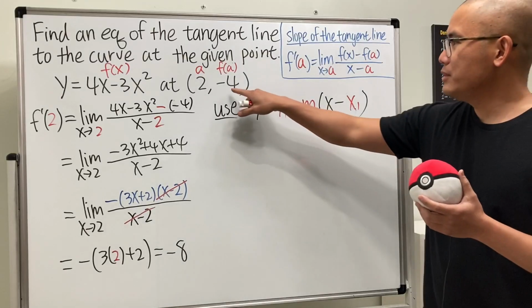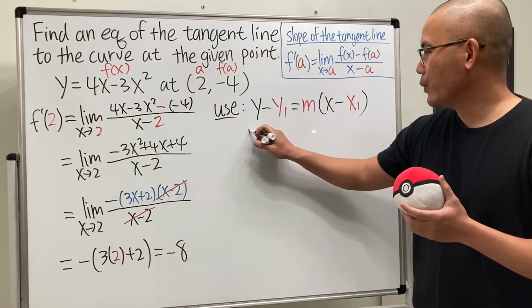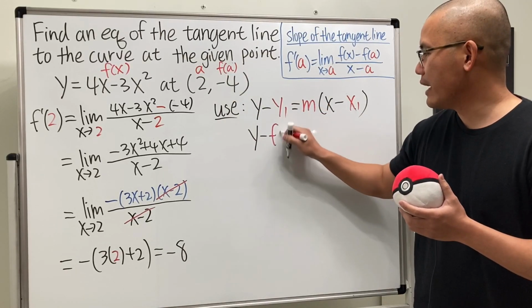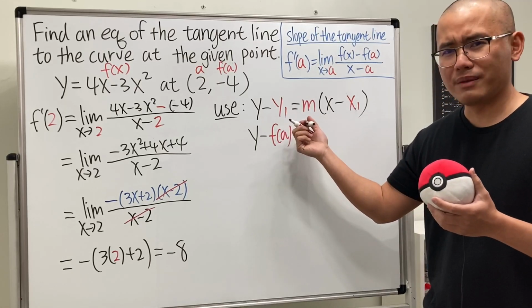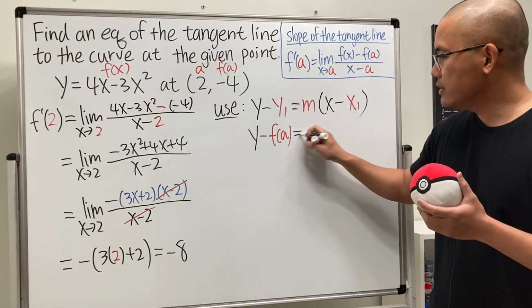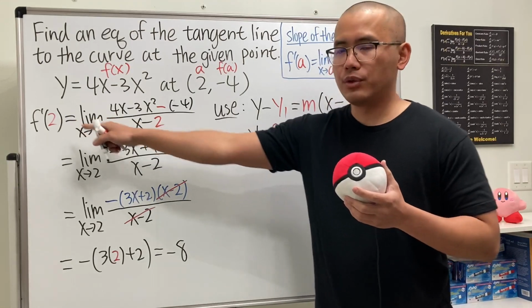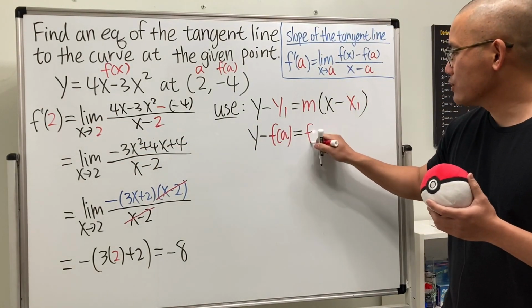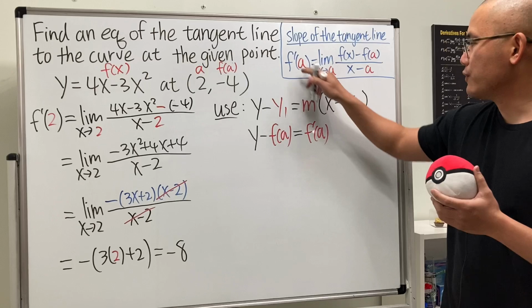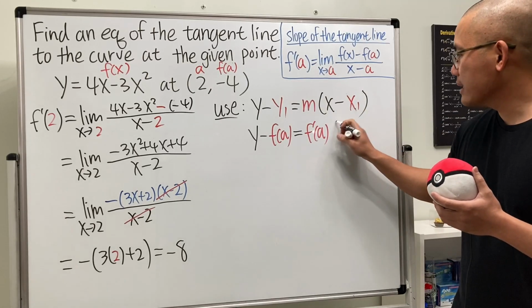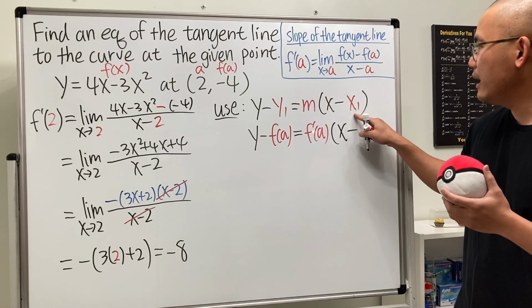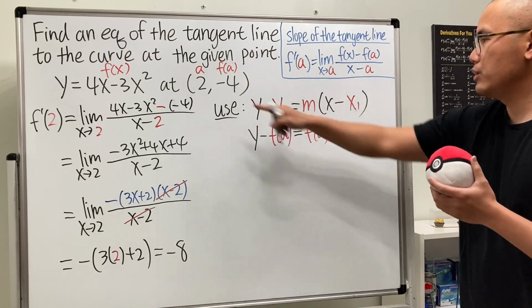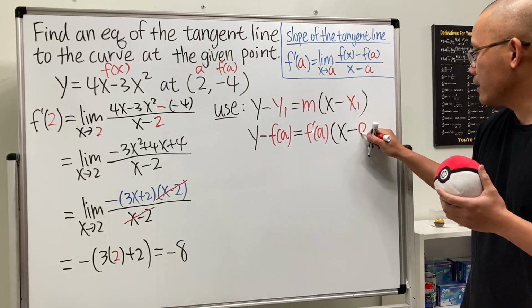So let me just write this as f of a. We get y minus f of a, which is just the same as y1. And the slope m is just the same as f prime of 2 in our case. But let me also write it as f prime of a to follow this notation. And lastly, we have the x minus x1, which is just 2, which is just a.